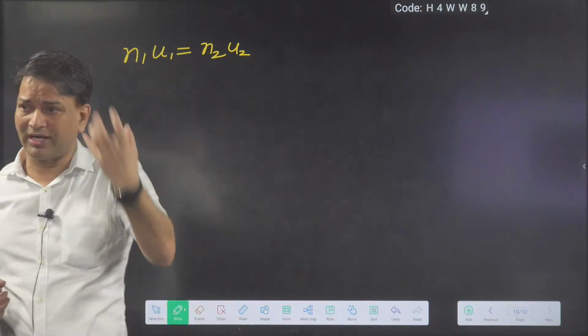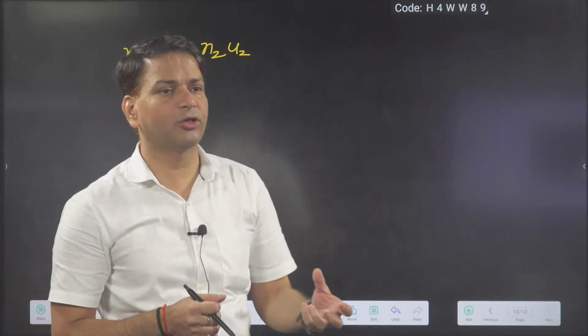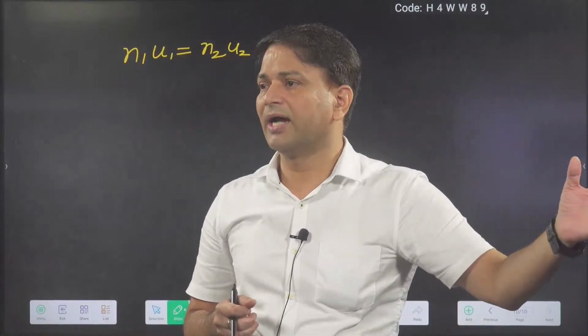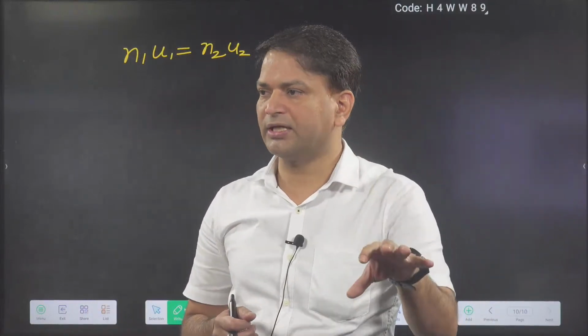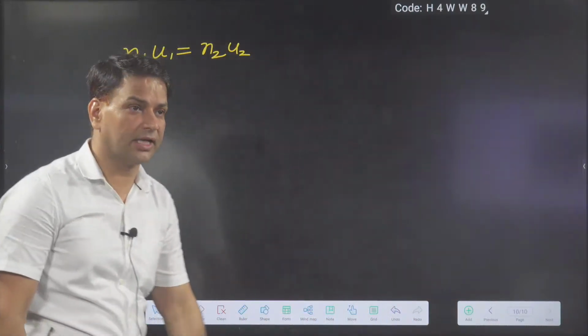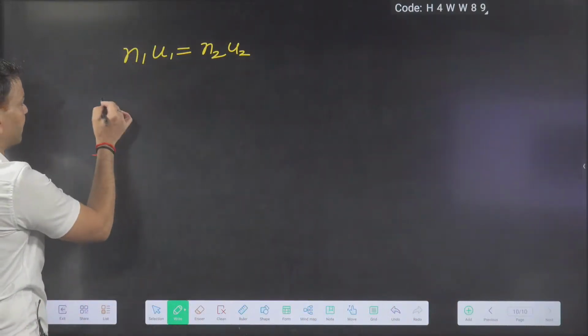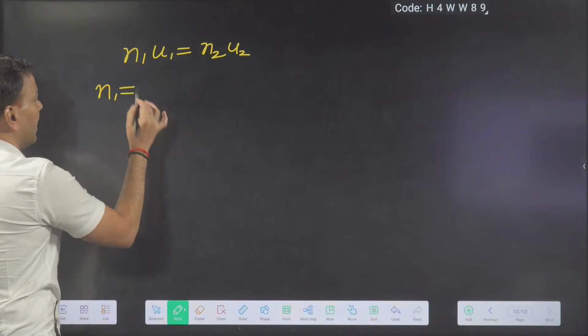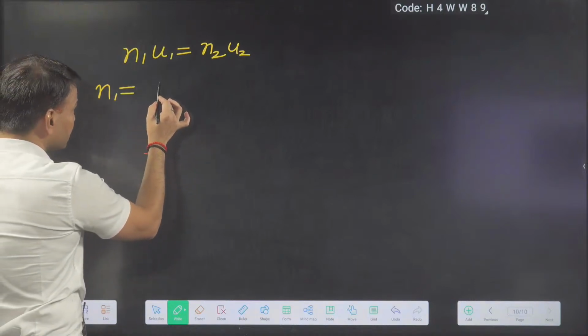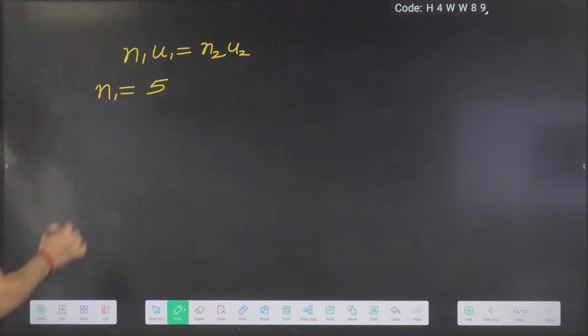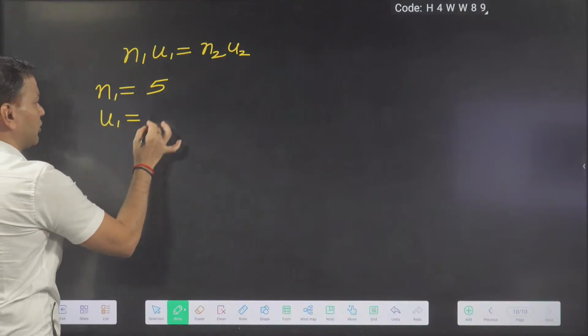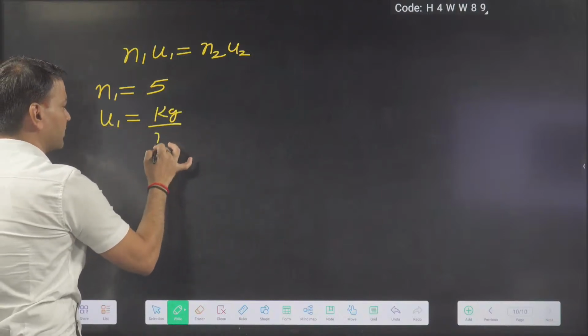Suppose I took system 1 as MKS, and system 2 I decide will be CGS. So N1 is equal to 5, because system 1 is MKS. U1 is equal to kg per meter cube.